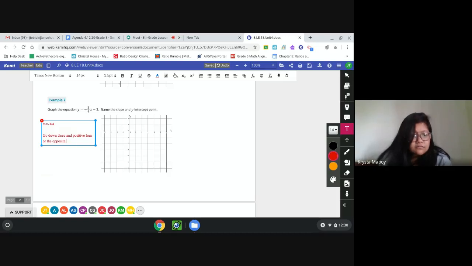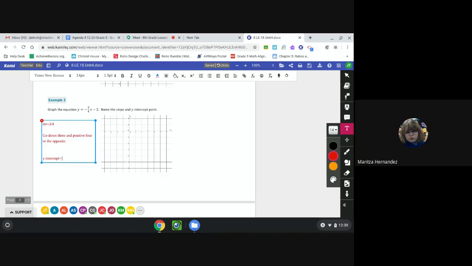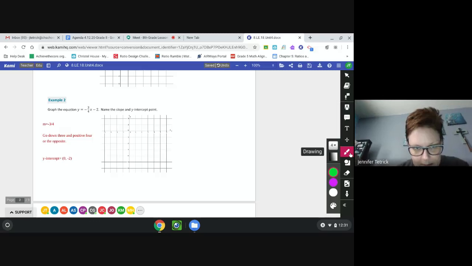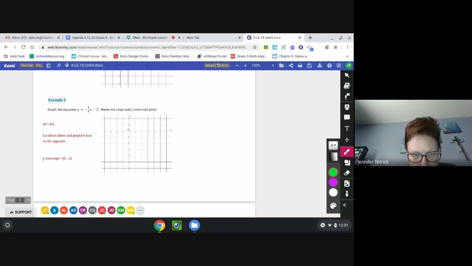Maritza. -2. Good job. So if my y-intercept is -2, then my x is going to be 0. Very good. And so I can graph that just based on what I know. So the first point I'm going to put is right here, my 0. So I'm going to go to -2.